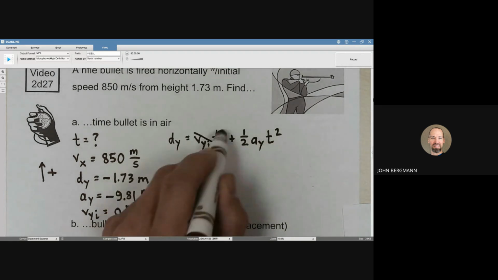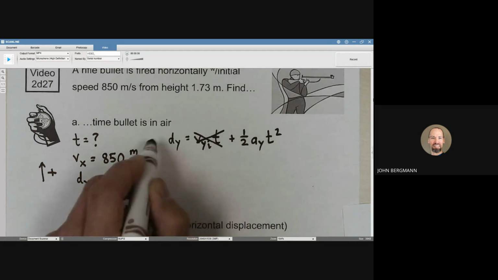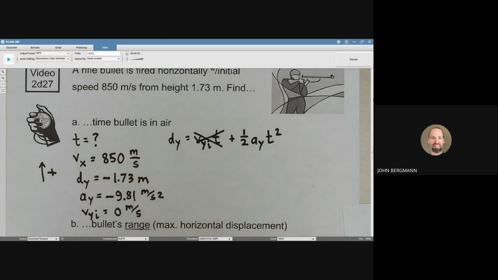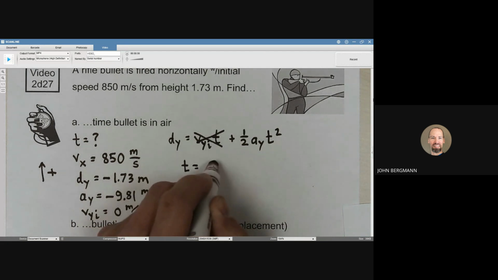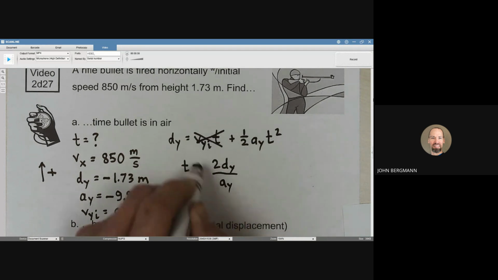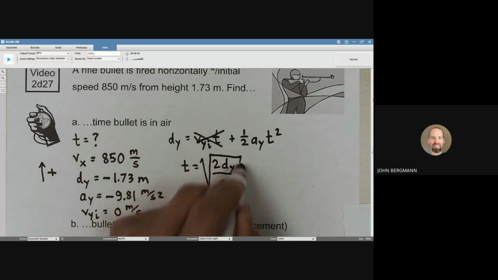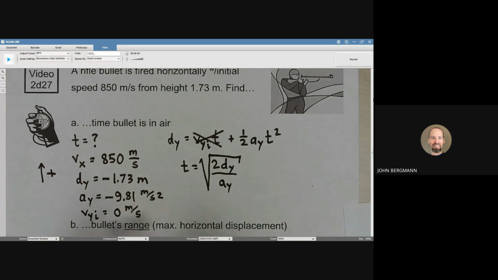Vy initial is 0. If we solve this for time, we're going to multiply both sides by 2, divide both sides by ay, and take the square root. You go ahead and take some time if you need to convince yourself that that's what this solves for if we're looking for time.